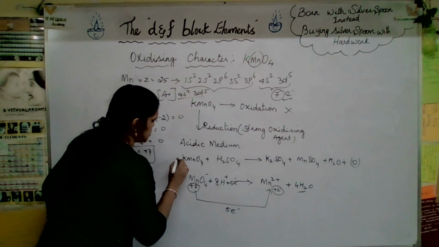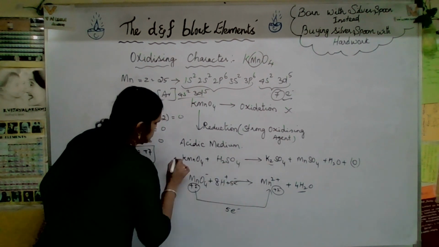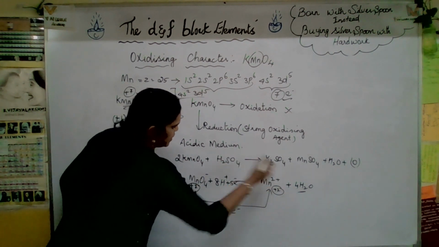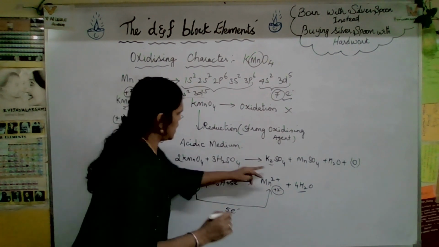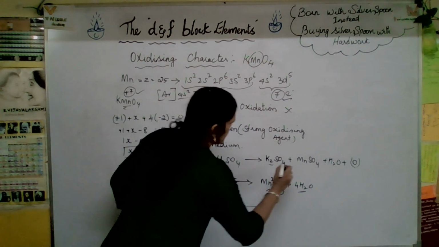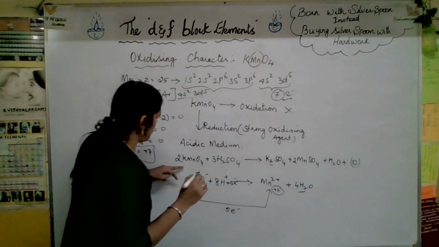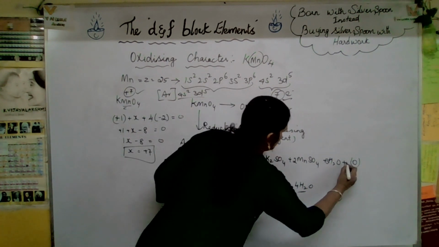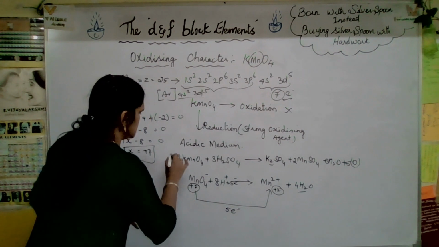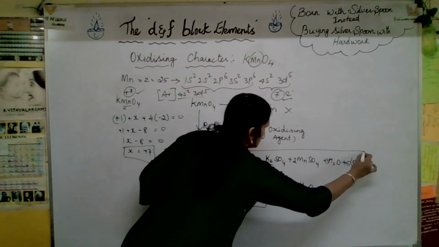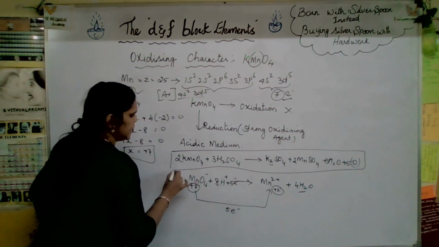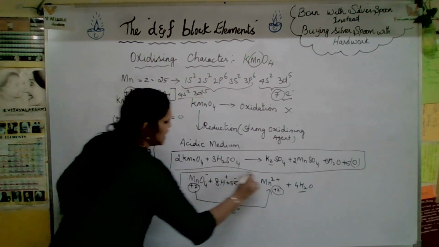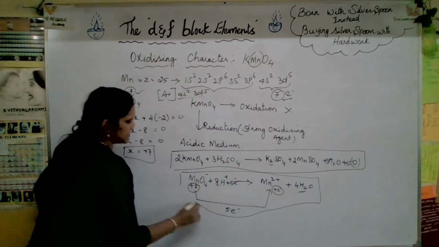Now you balance this equation: 2KMnO4, 3H2SO4, gives K2SO4, 2MnSO4, 3H2O and 5O. So this is the acidic medium equation and this is the redox reaction point.